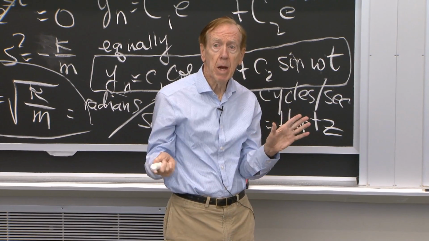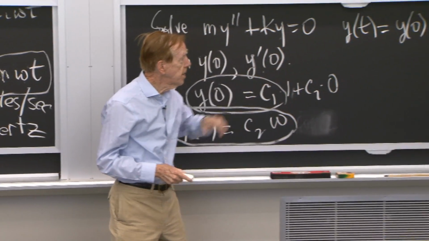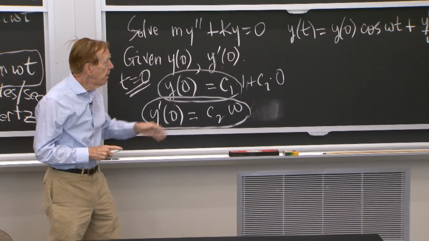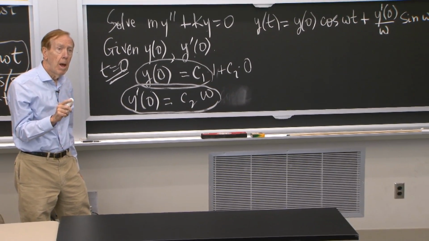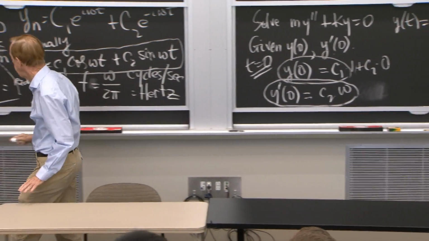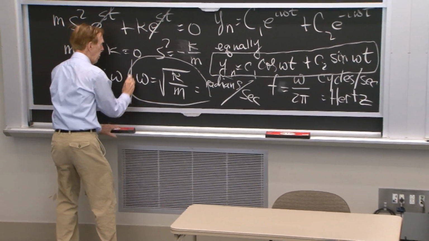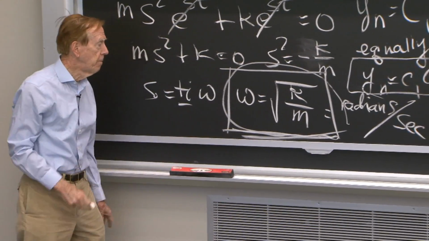So let me make some comments about that. It's a combination of cosine and sine. They're both running at the same frequency of omega. I'm going to give a special name to that frequency omega. This famous formula, all important. Lots of physics in that formula.